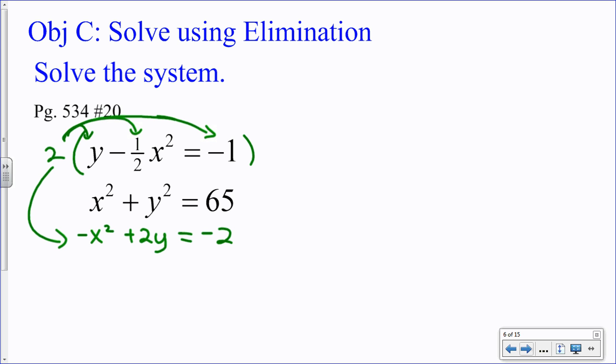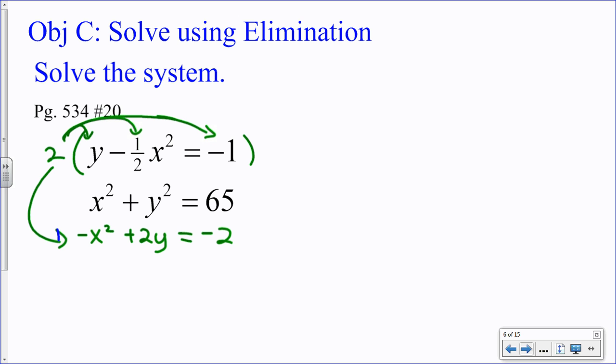Why multiply the top by 2? Why don't we just multiply the bottom by half? You could do that, but then you have more fractions to deal with. That would work. If I see a fraction, I'm going to multiply by something to get rid of the fraction.